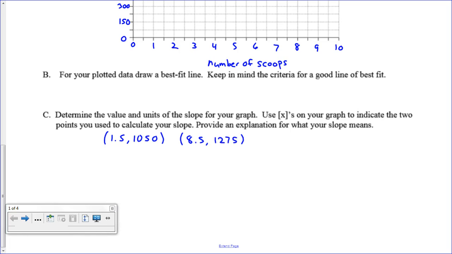All right, doing the rise over run then. 1050 to 1275 is 225. Going 1.5 to 8.5, that is a change of 7. Which gives us a slope of 32.1, and the units on that would be pounds per scoop.